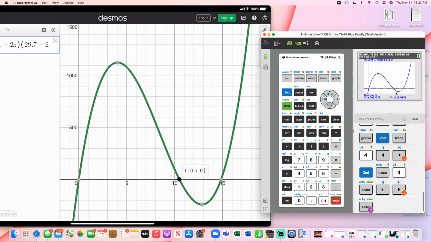So the other person's gonna find this minimum right here. You're gonna practice finding this minimum, so that you both have some practice. Do you know how to find the minimum? Which is second, trace, and find minimum.